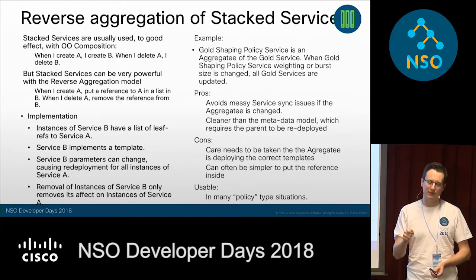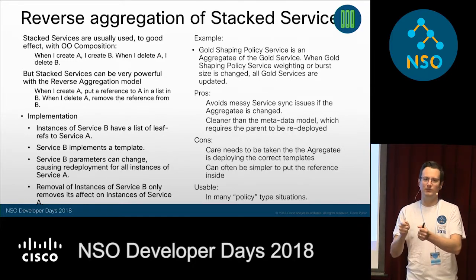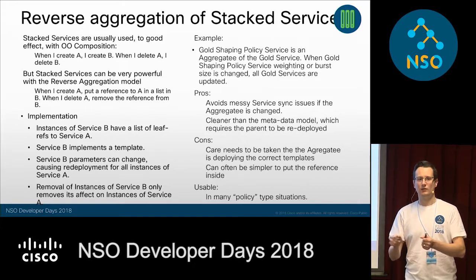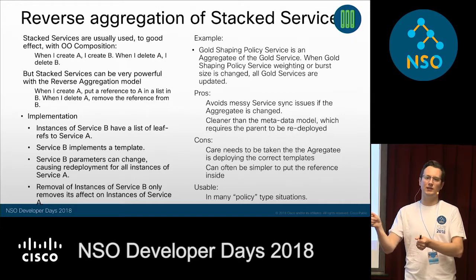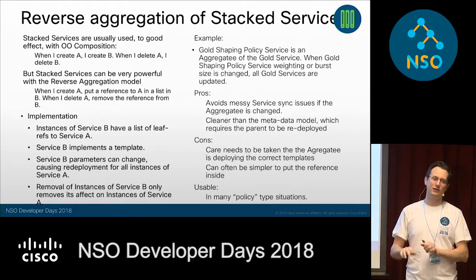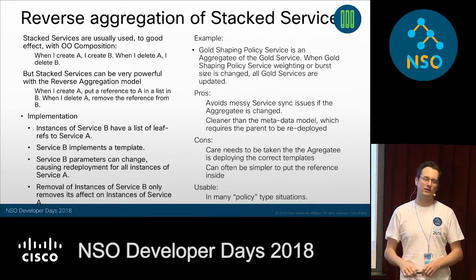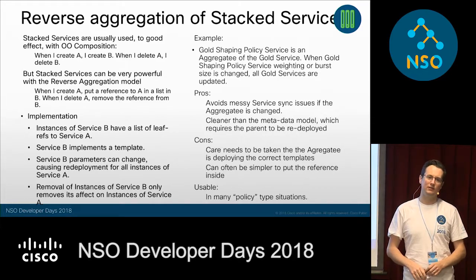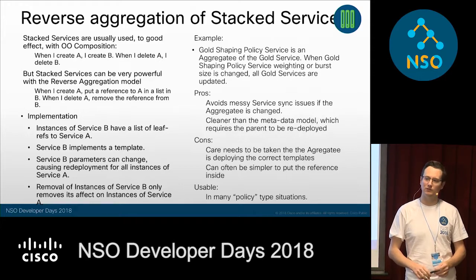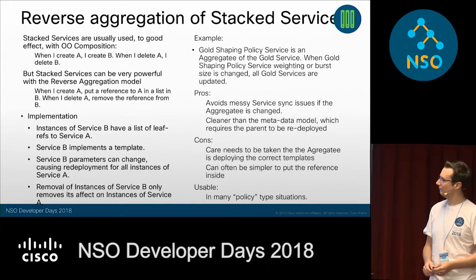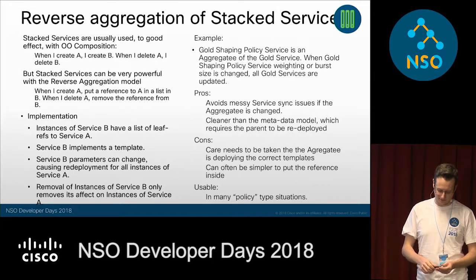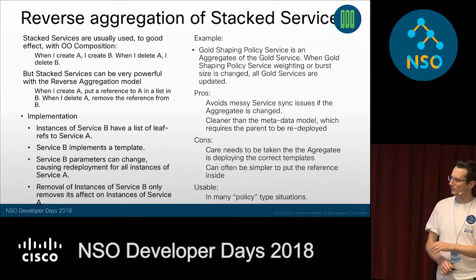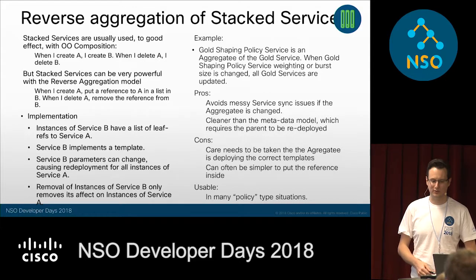But when they want to tweak that policy, change some of the burst sizes, maybe change which fair weighting queuing or whatever type of queuing that QoS moves to, they want to do it consistently across the network, independent of the services that you've deployed, which consume those QoS policies. Okay, so that's probably the most complicated one I'm going to talk about.